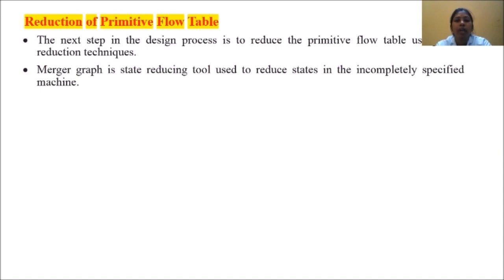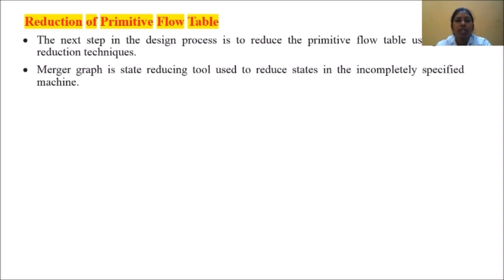Every potentially compatible state pair with outputs not in conflict but whose next states are different is connected by a broken line. Then the next case is that the implied states are drawn in the line break between the two potentially compatible states. And in the last case, if two states are incompatible, no connecting line is drawn. So these are the cases for drawing the merger graph.